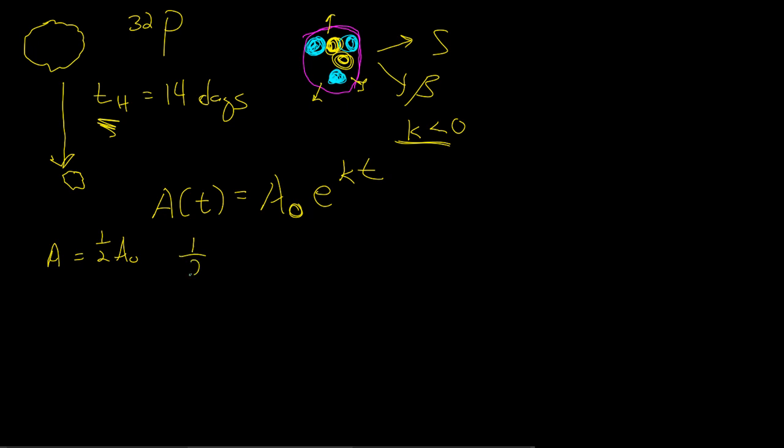At 14 days, 1/2 A naught is equal to my initial amount times e to the k, 14 days. Now notice we're measuring time in days. Some substances, like if you do radioactive carbon dating to figure the age of something, you measure the half-life in years. It all depends on what you're looking at.